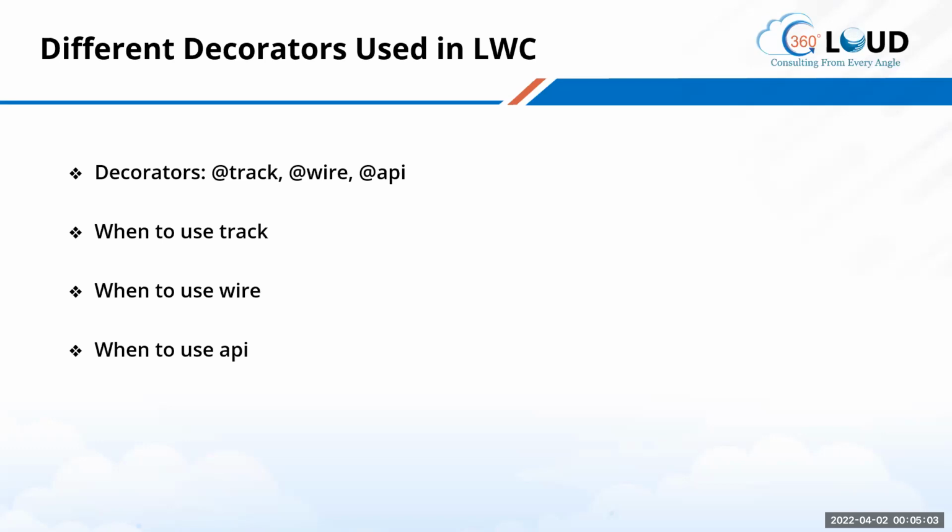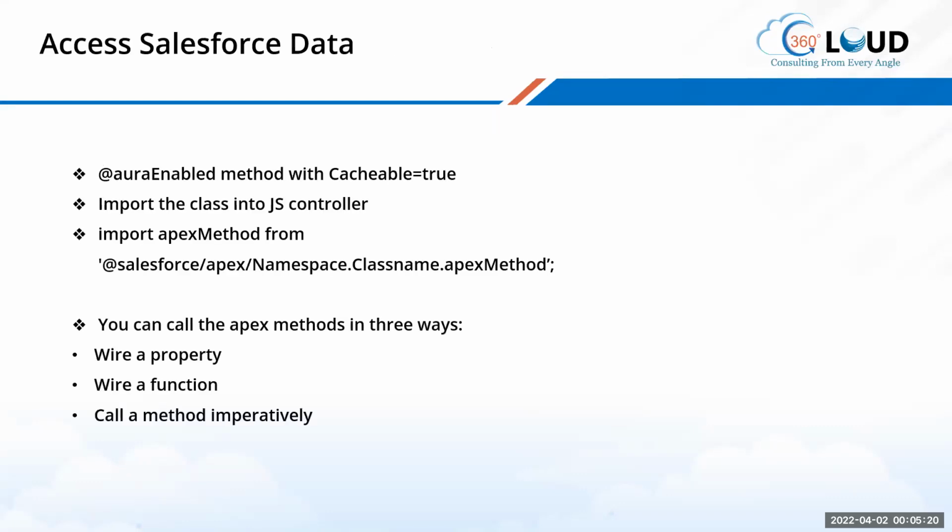There are two ways to call Apex methods or access Salesforce data. The first is wire, and the second is the imperative method. We will talk about both. First, let's talk about wire. To access Salesforce data, we use a wire property.